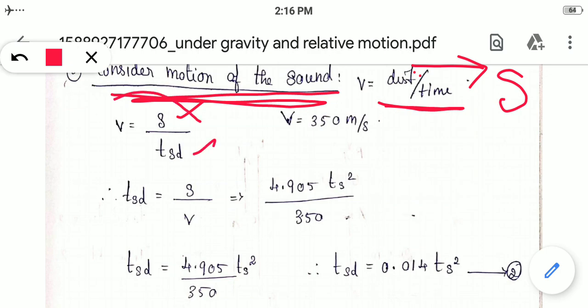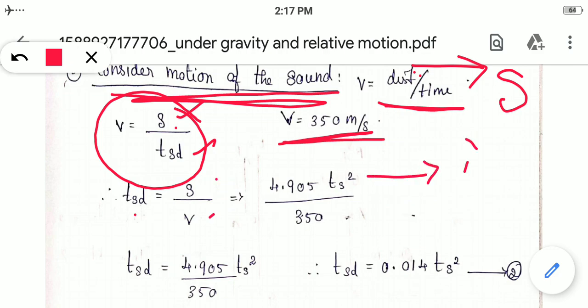So my formula became v is equal to s divided by Tst. We already know in the given question the velocity is given as 350 meter per second. So Tst is equal to s divided by v. S is equal to, from equation number 1, s is equal to 4.905 Ts square, divided by the velocity given in the question, that is 350.